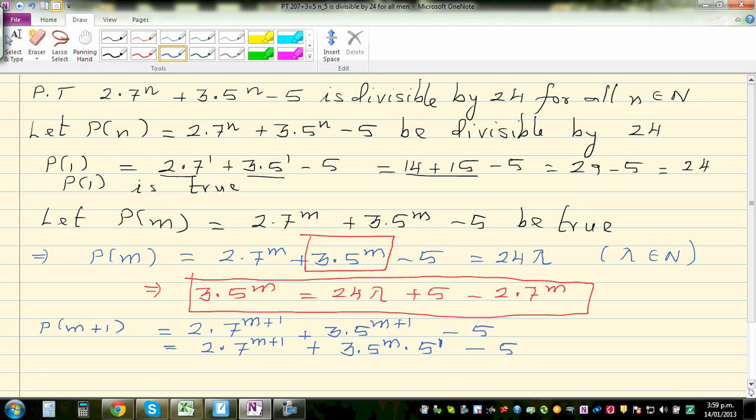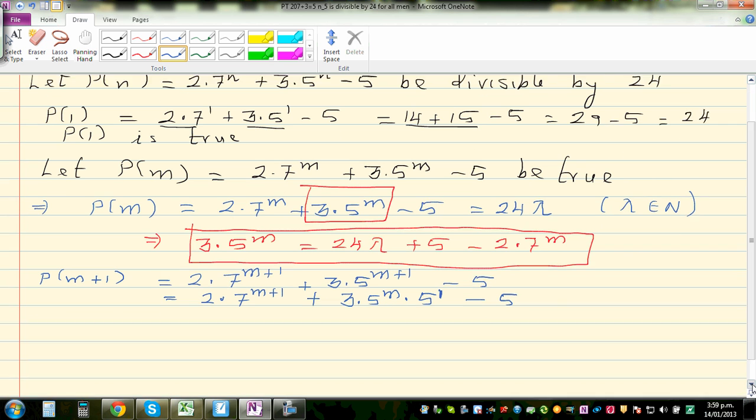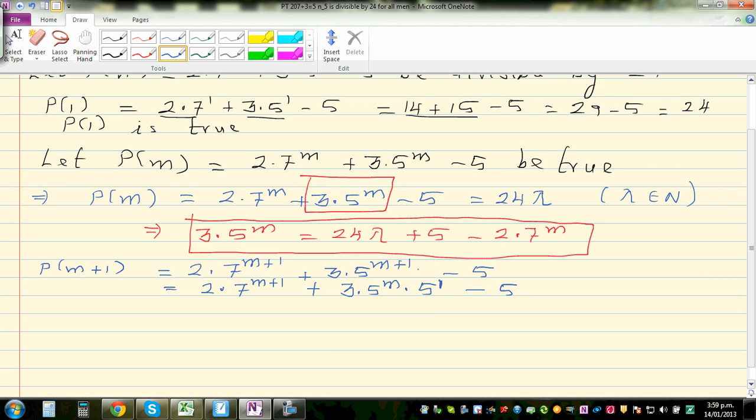So I'm using the exponent rule. 5 to the power m plus 1 is the same as 5 to the power m times 5 to the power 1. Now we know 3 times 5 to the power m is 24 lambda plus 5 minus 2 times 7 to the power m.